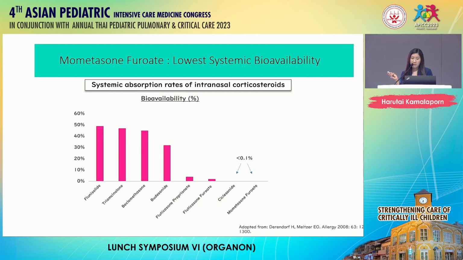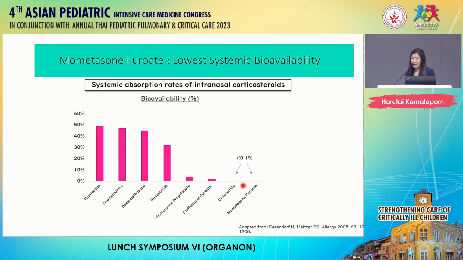And with mometasone furoate, if you have cleaned your nose already, you should use an effective medicine to help protect your child from allergic rhinitis. Here I'm going to show you data that mometasone furoate has the lowest systemic bioavailability.